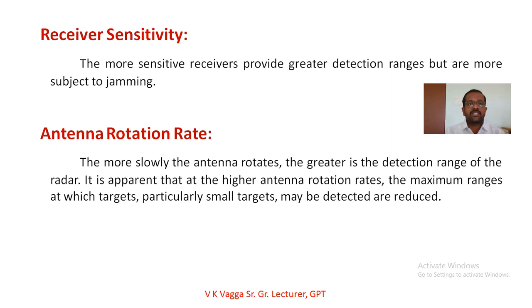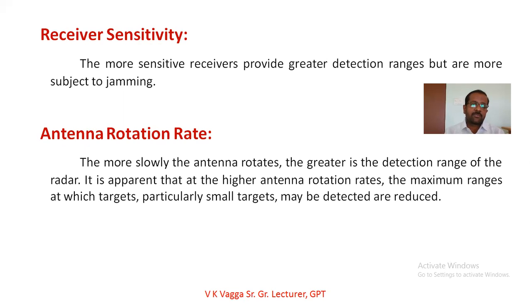If its rotation is at high speed, it is weak in catching the reflected signal. The more slowly the antenna rotates, the greater the detection range of the radar. At higher antenna rotation speeds, the maximum range at which targets, particularly small targets, can be detected is reduced.